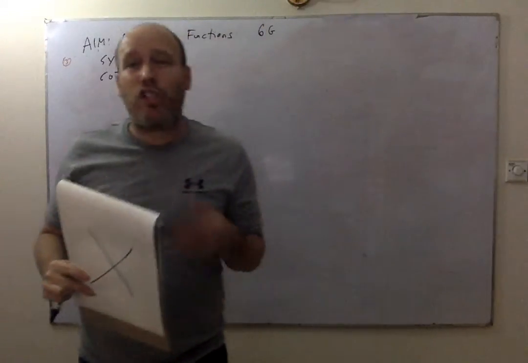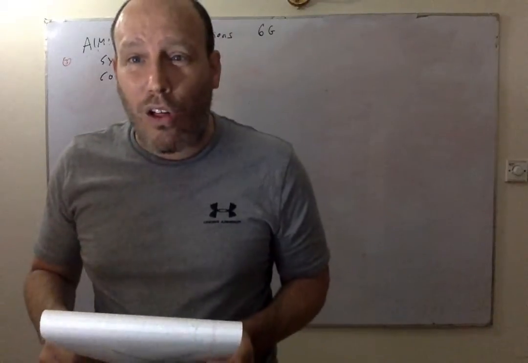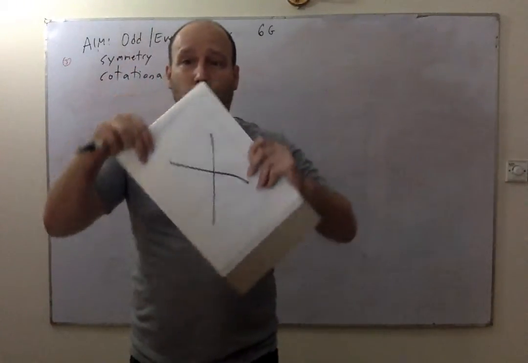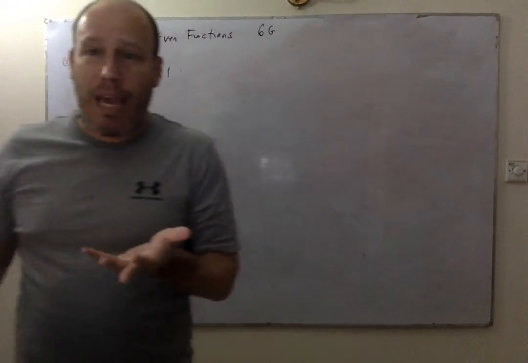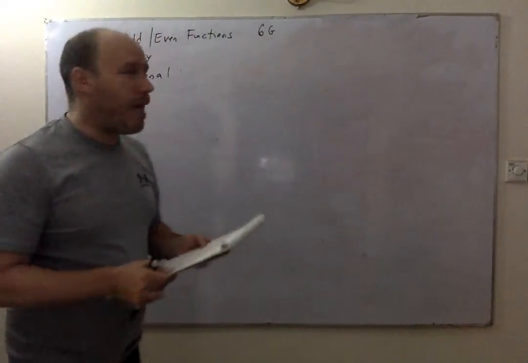So it has rotational symmetry of 180 degrees. Or take an equilateral triangle and rotate it 120 degrees, it looks exactly the same, or it maps onto itself. So that's the idea of rotational symmetry.